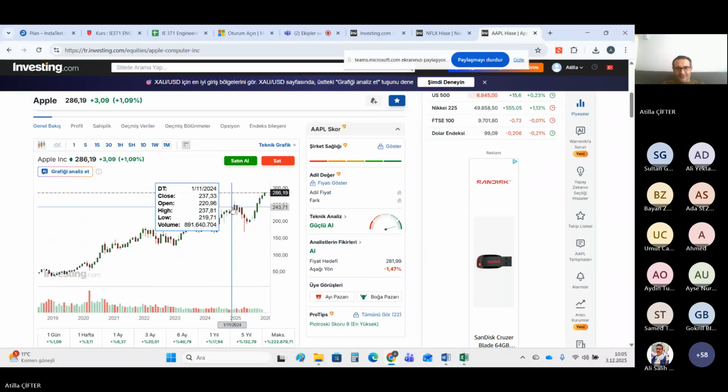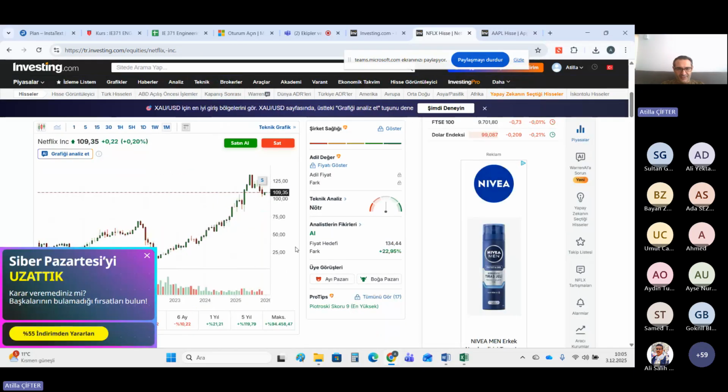Apple increased from 243 to 286, and Netflix. Let's look at what happened to Netflix.